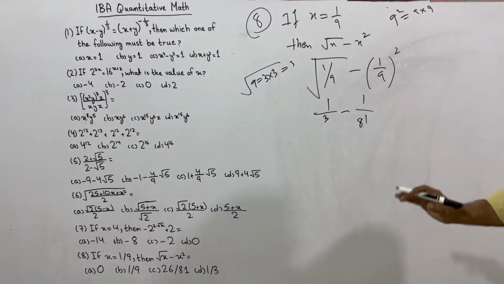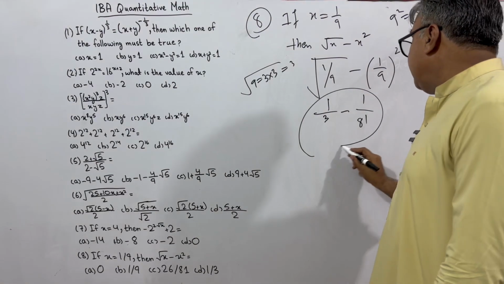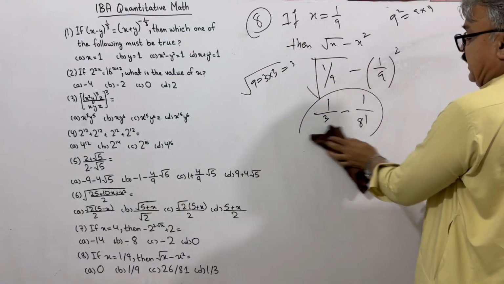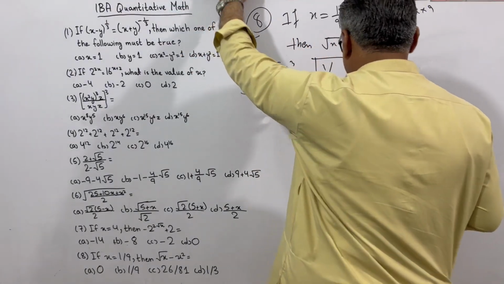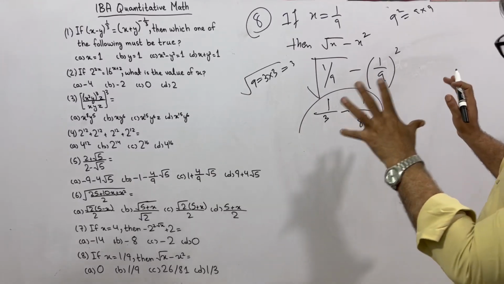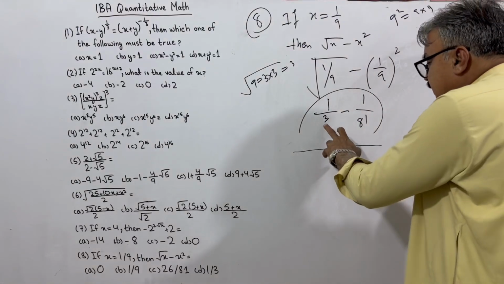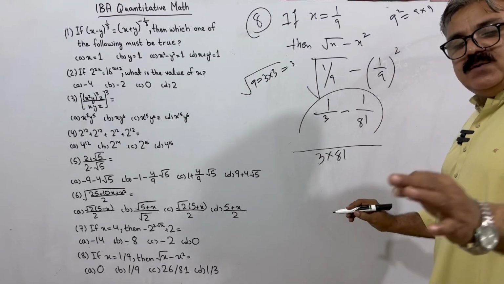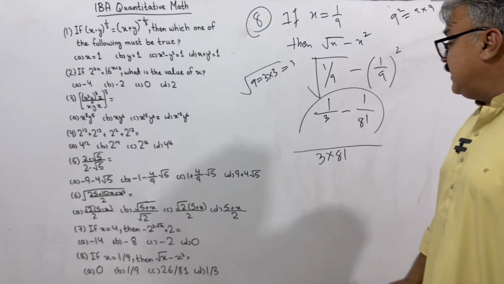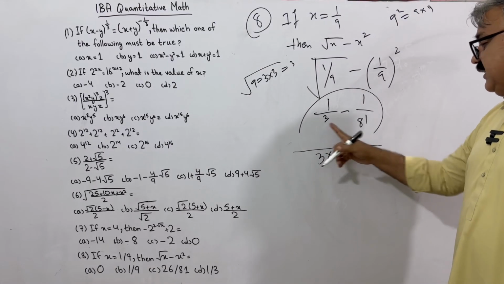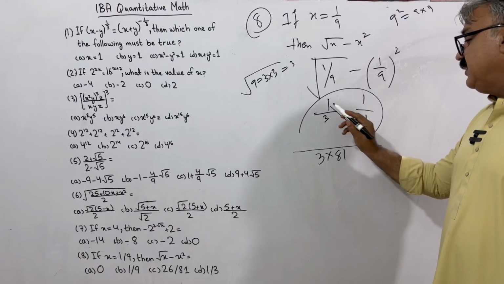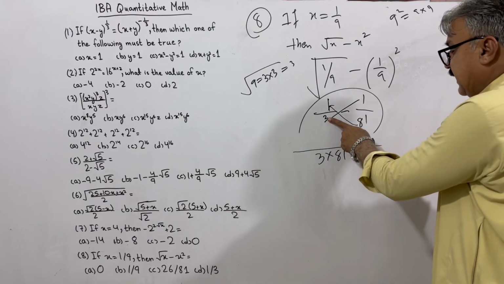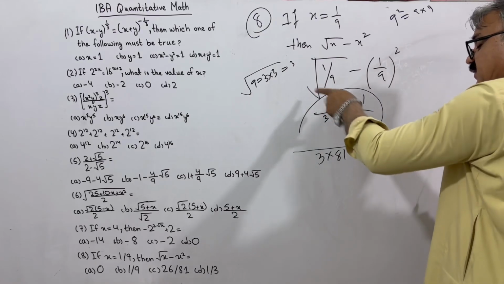Mostly the LCM of fractions is a difficulty for our students, especially those with a medical background. How to deal with that? It's really very easy. Just multiply the denominators, 3 times 81. For you, I am giving a simple, straightforward LCM method. Multiply 81 in that direction, and 3 in that direction.